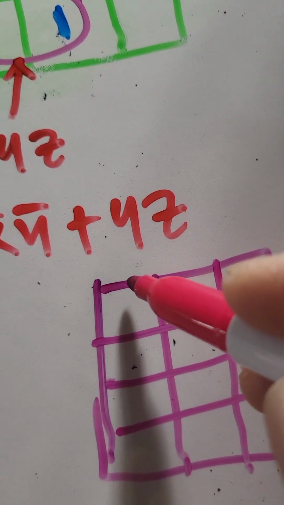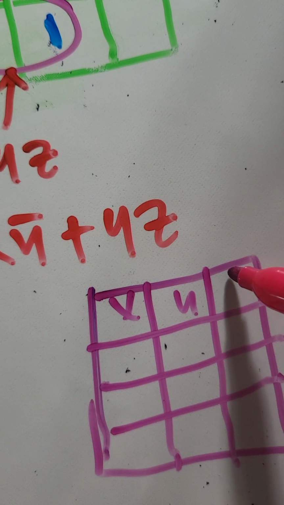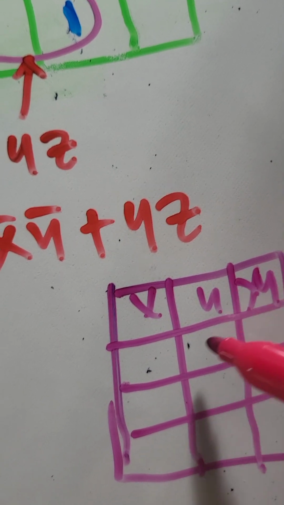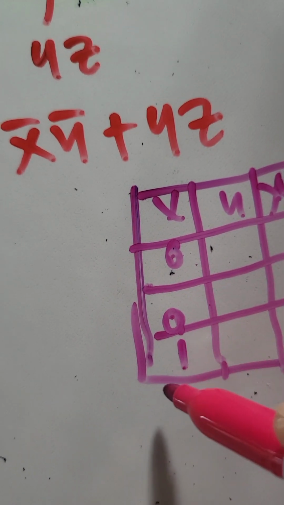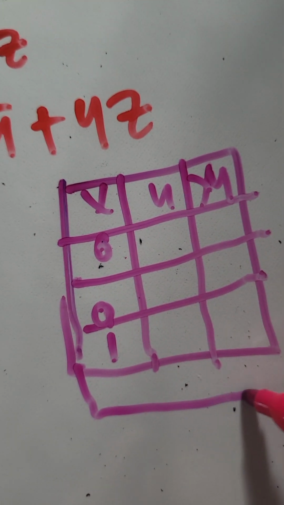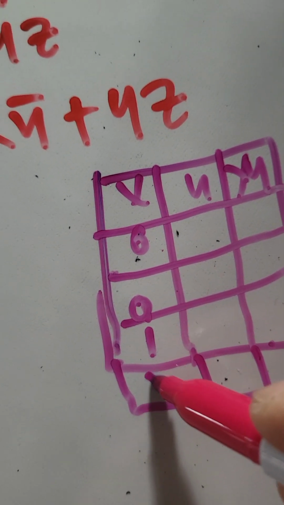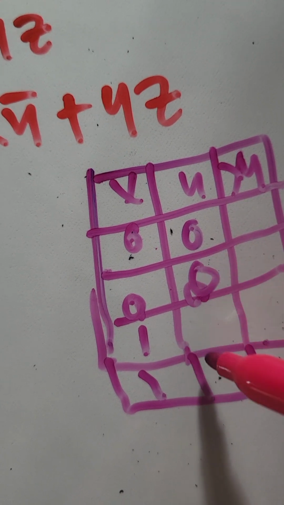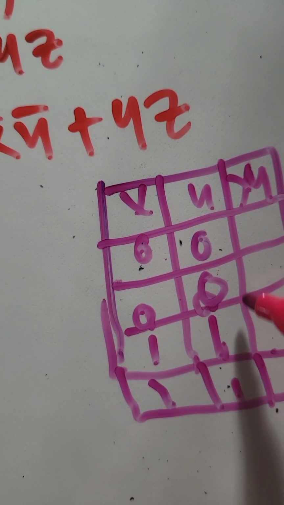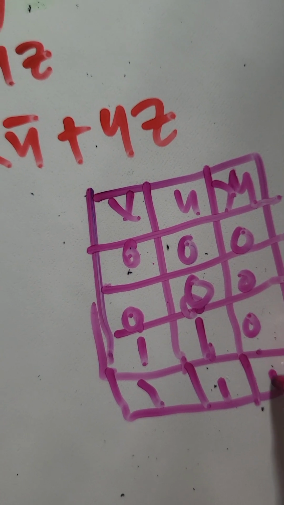So let's say this is xy, this is 0 0, 0 1, 1 1, 1 0.